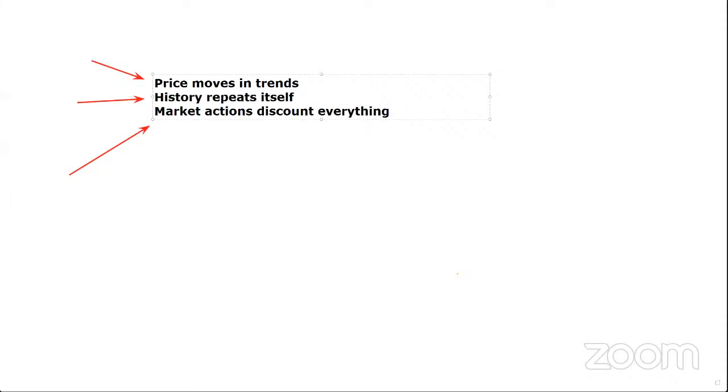Okay. So this is simply how it works. So first of all, prices or price moves and trends. What does it mean?